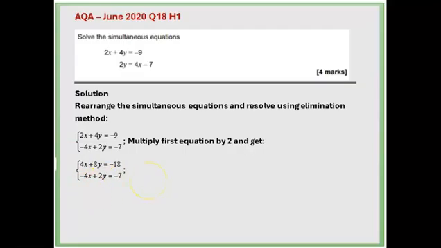Now, it's obvious what we have to do. Just add both equations side by side. And we're going to obtain a linear equation in y, because x is disappearing.